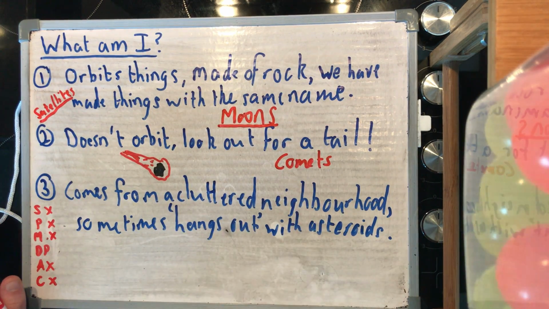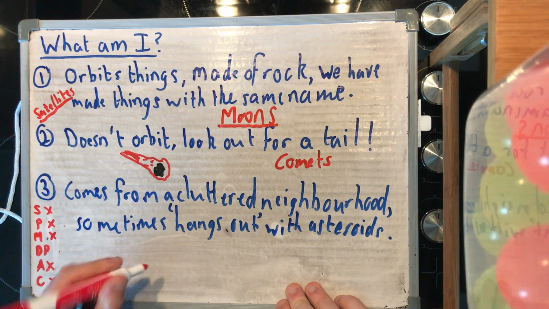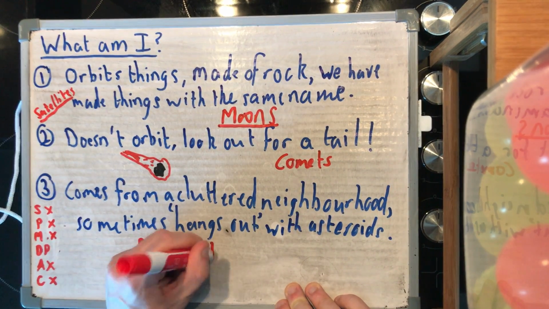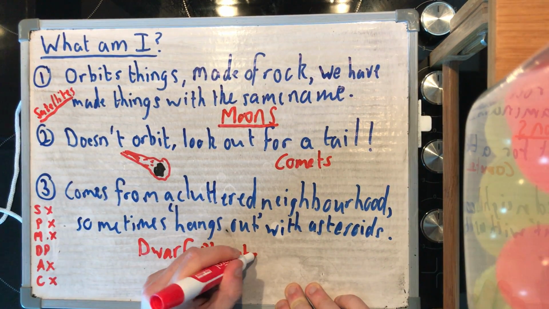You look at Earth, it's only got the one, so the neighborhood is only really messy because we stuck a bunch of satellites there. So the answer, by definition of clearing the neighborhood, is the dwarf planets.